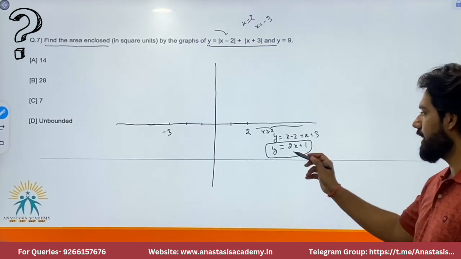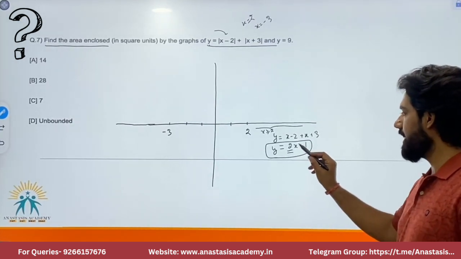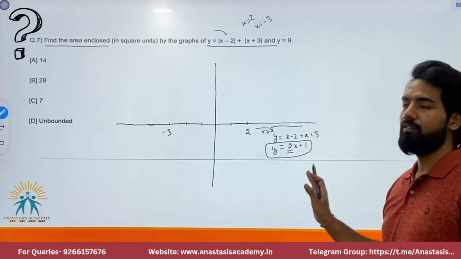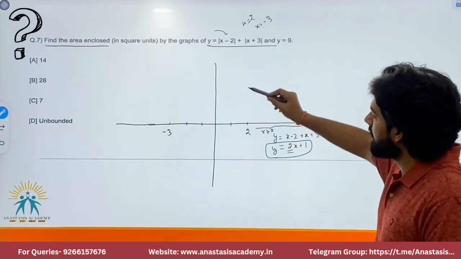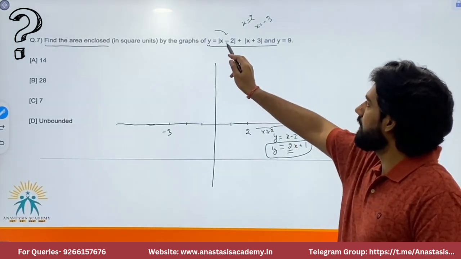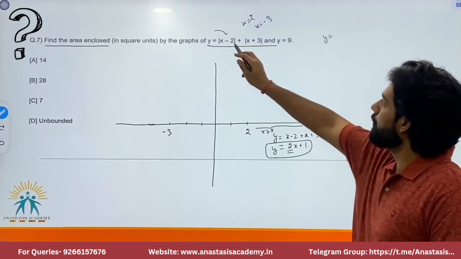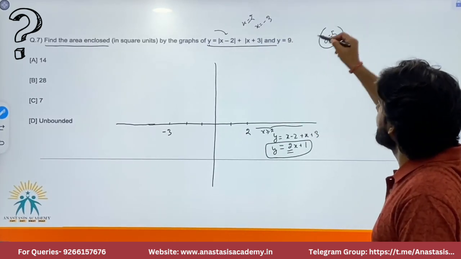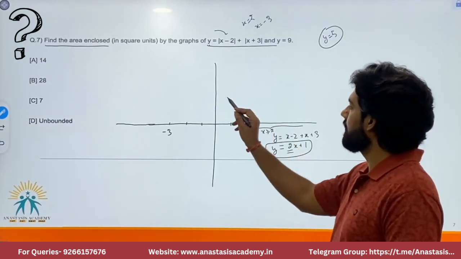This is the equation of a straight line with positive slope, and the rate of change of y is twice that of x. At x equal to 2, y is 2 minus 2, which is 0, plus 2 plus 3, which is 5. So at x equal to 2, the value of y is 5.